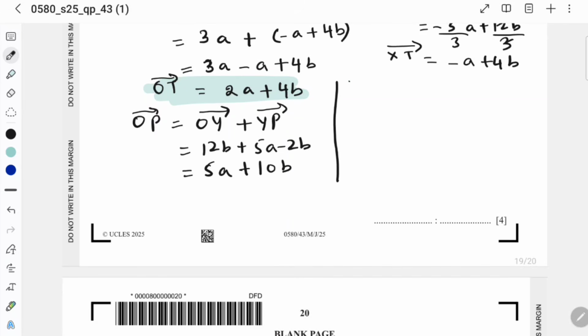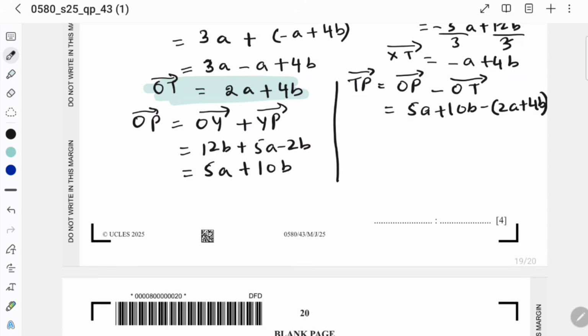We are coming to TP now. TP is equal to OP minus OT. OP is 5a plus 10b, and OT is 2a plus 4b.